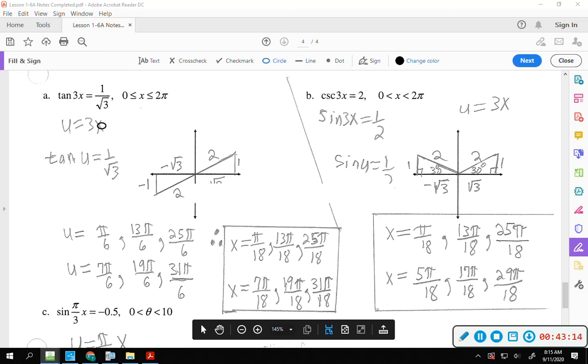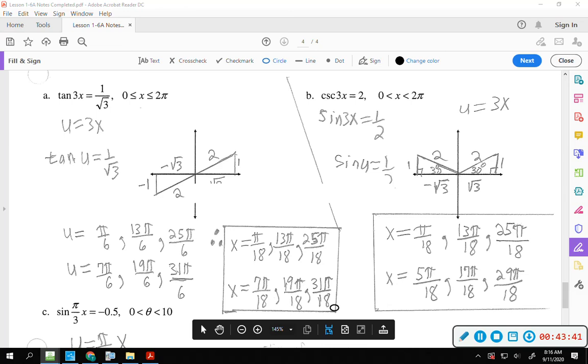If I want to get back to x, I have to multiply each u by 1/3, don't I? The opposite of multiplying x by 3 is to multiply both sides by 1/3. So if I have this value for u popped in here and I want to solve for x, I have to multiply both sides by 1/3. So every one of these values has to be multiplied by 1/3. It's just going to change the denominator to 18.